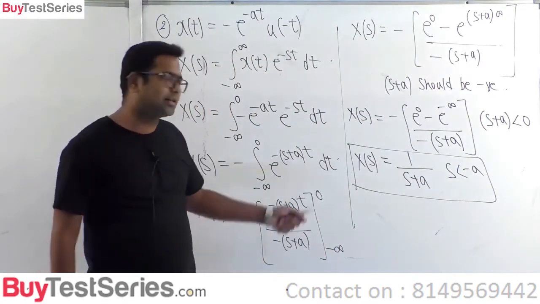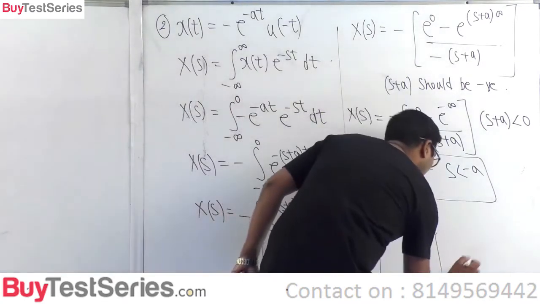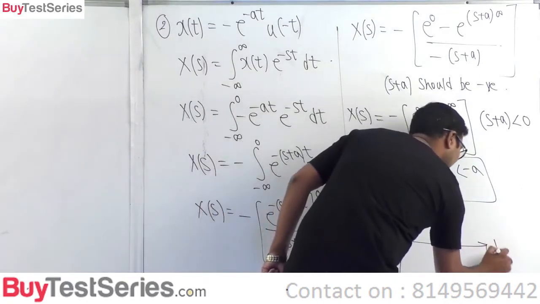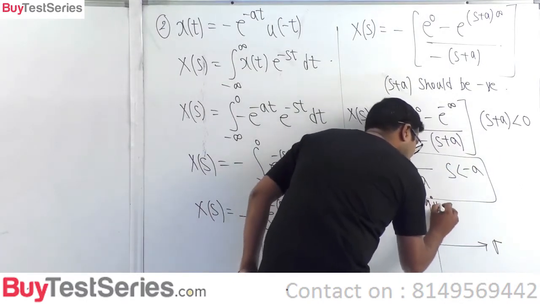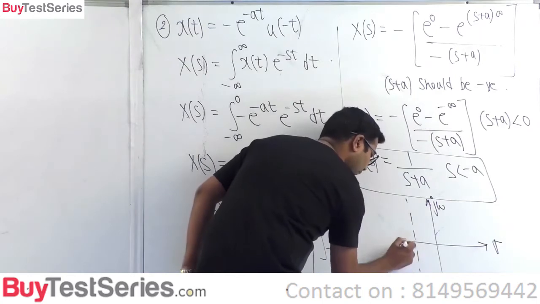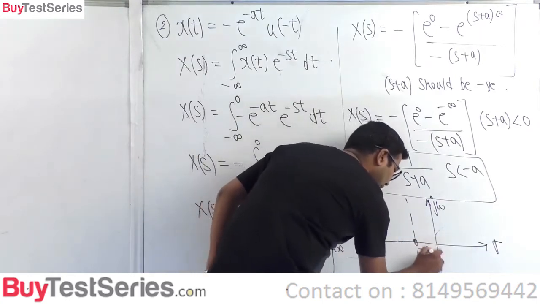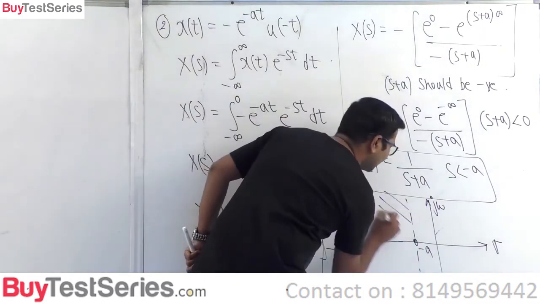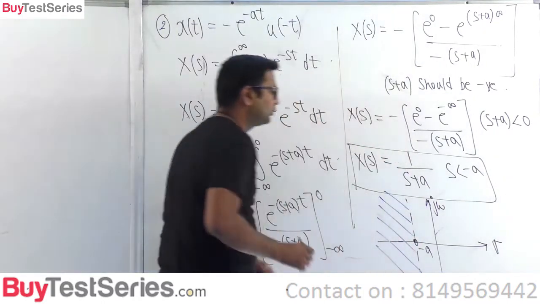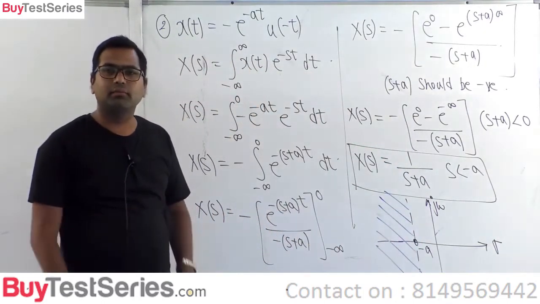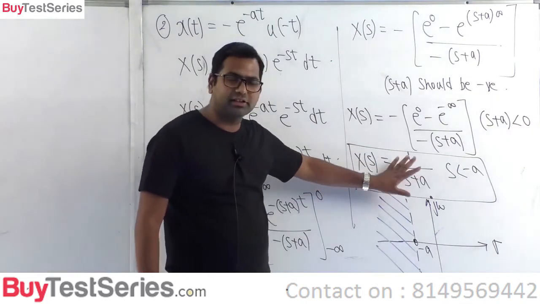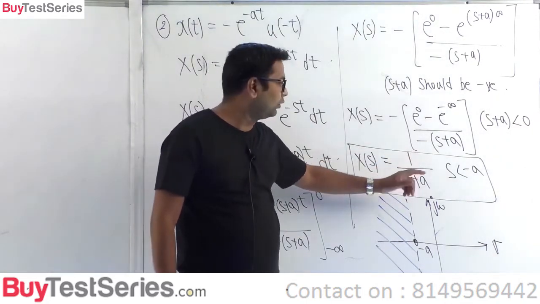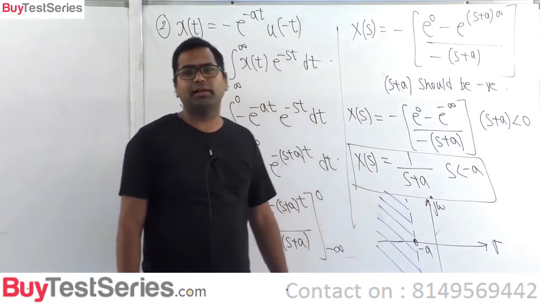The values of s less than minus a can be shown on the s plane. This is sigma, this is j omega, and this is minus a. So s less than minus a is the region to the left hand side of minus a. This Laplace transform exists and is finite only for values of s which are less than minus a.